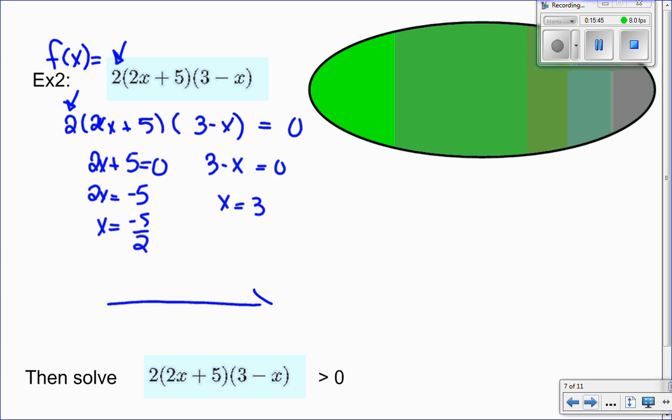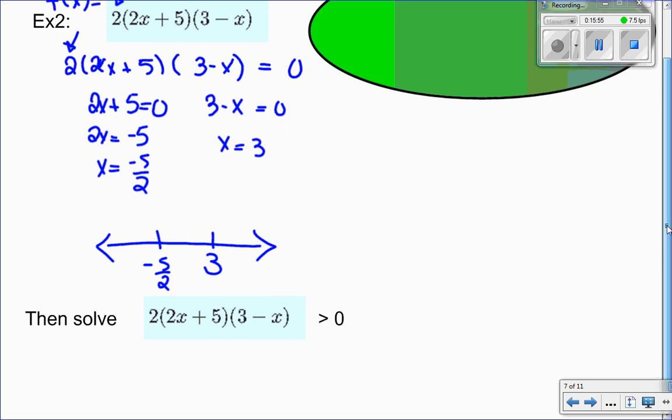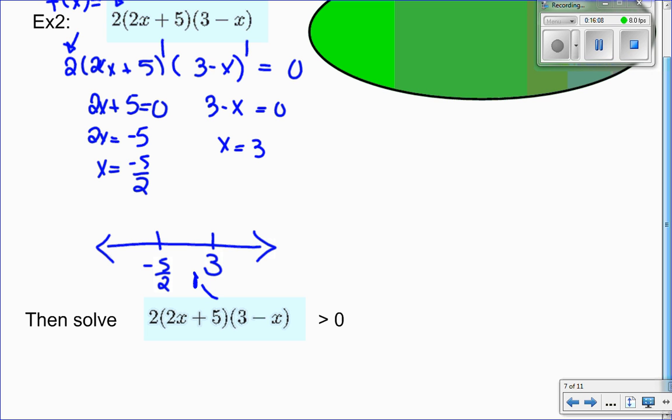Okay, so we can put those zeros on our sign diagram, and notice that again they are raised to odd powers. These zeros are to the power of 1, which is an odd power, which means if we choose a number between negative 5 over 2 and 3, such as 0, and we plug that into our function, so 2 times 0 plus 5 times 3 minus 0.